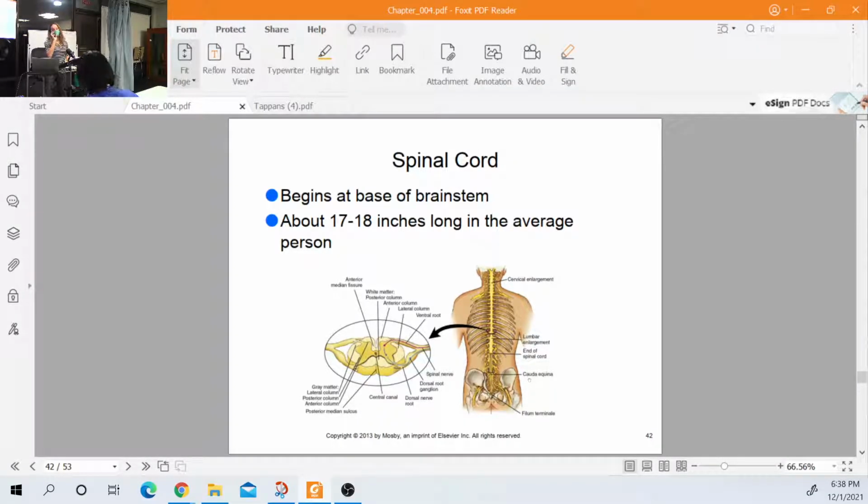You might recall foramen means hole in the bone. There are 31 pairs of spinal nerves that connect to the spinal cord. And as they exit the spinal cord, they are then part of the PNS, peripheral nervous system.